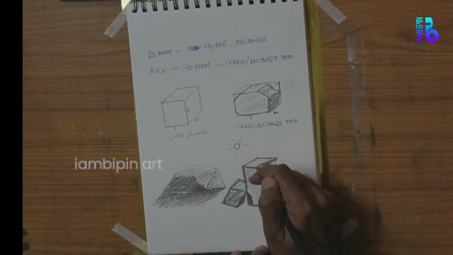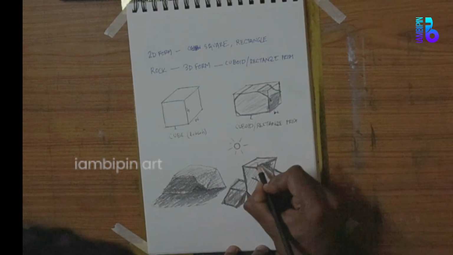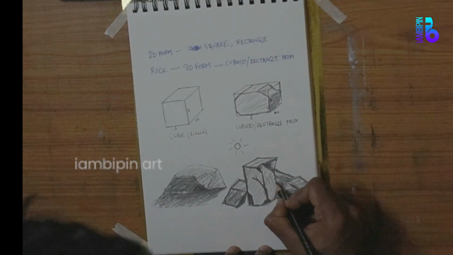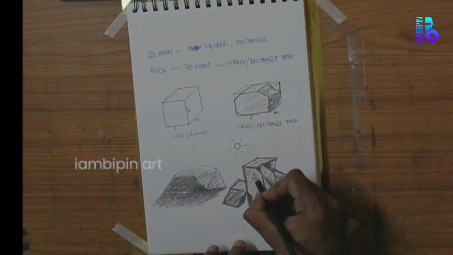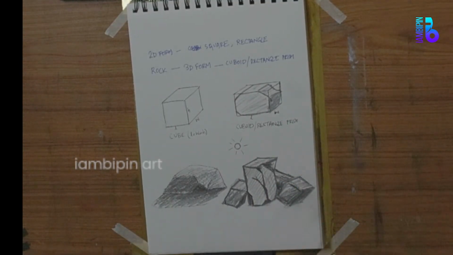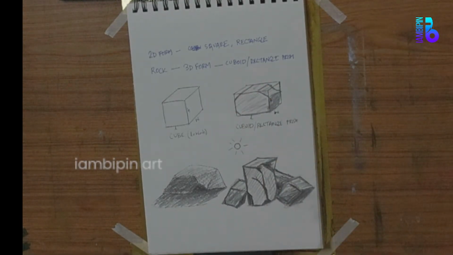And with a 2H pencil, you can make some cuts like this so that it looks more natural. When you use watercoloring, we use knives like this to create these kind of textures.